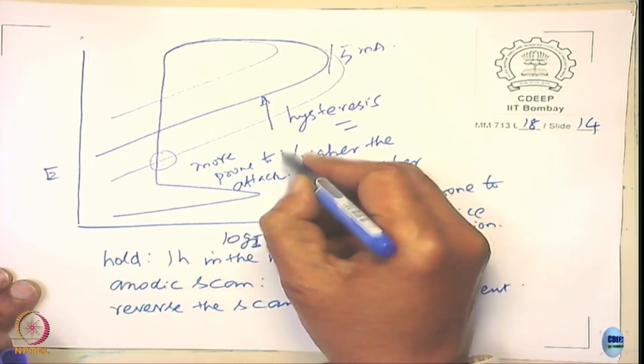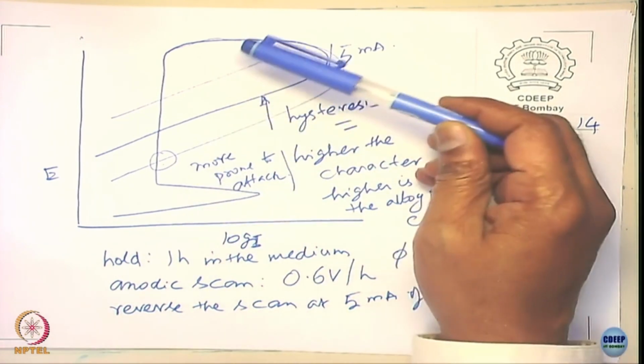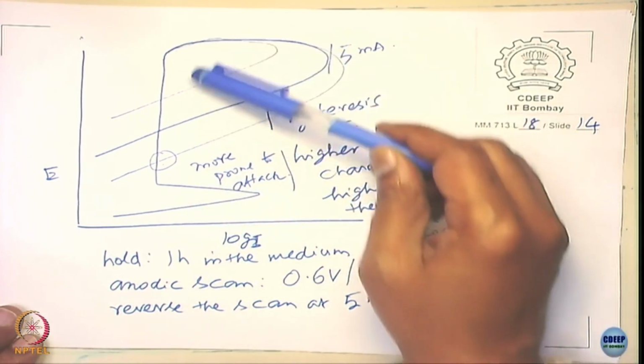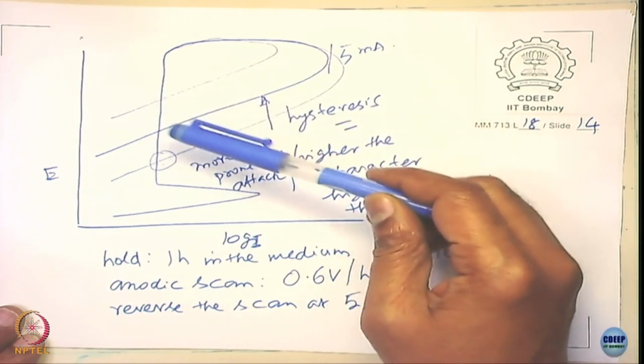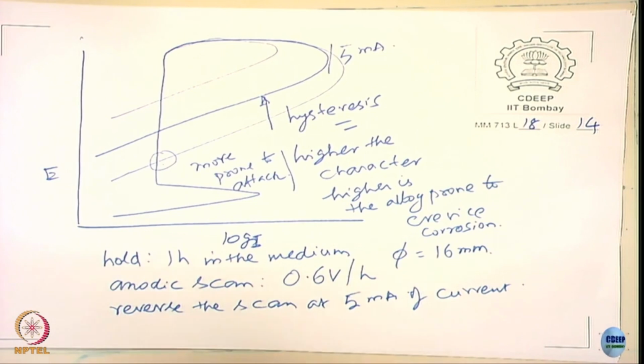We will see this in a little more detail when we talk about pitting corrosion. As the area of the hysteresis increases, the alloy becomes more prone to pitting corrosion, as well as crevice corrosion. You will find later that an alloy resistant to crevice corrosion would also be resistant to pitting corrosion.